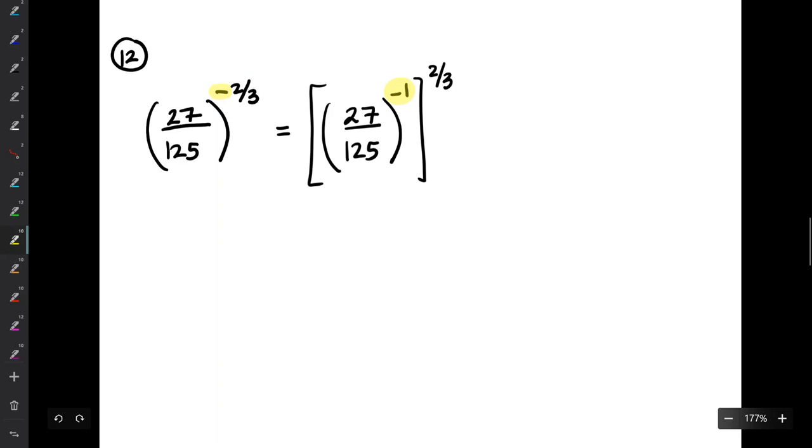The reason why I've done that, and this is optional, is to help me see that I'm taking the reciprocal of 27 over 125. Let's get some color on here to help emphasize the flipping. I'm going to take the reciprocal, so now I've got 125 divided by 27 is what's being raised to the 2/3 power.